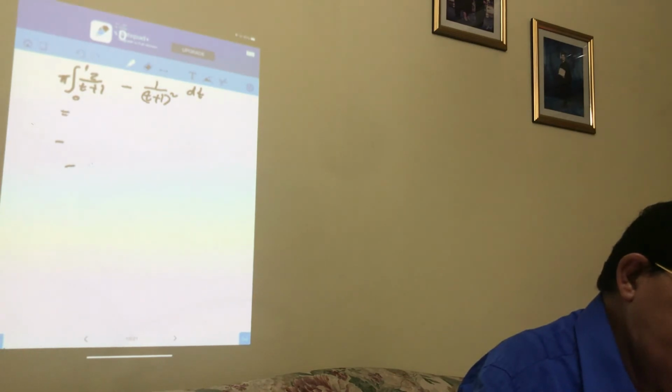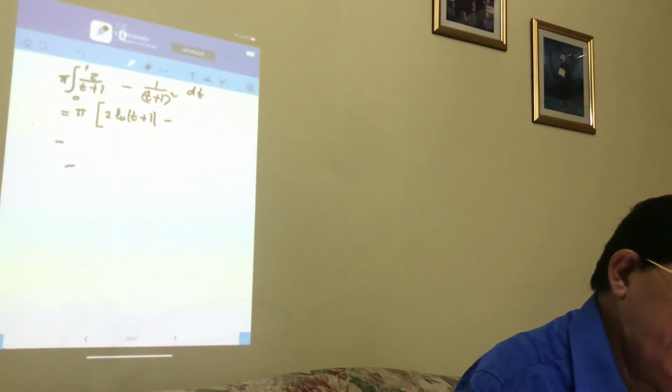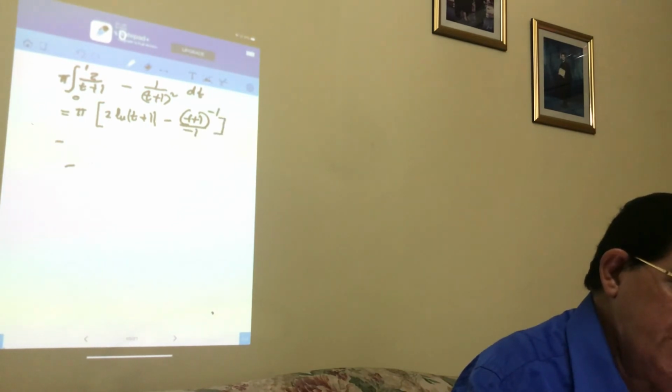This is equal to pi outside, 2 ln t plus 1 minus, t plus 1 to the power negative 2, whose integration is t plus 1 to the power negative 1 over negative 1, and the limits are from 0 to 1.